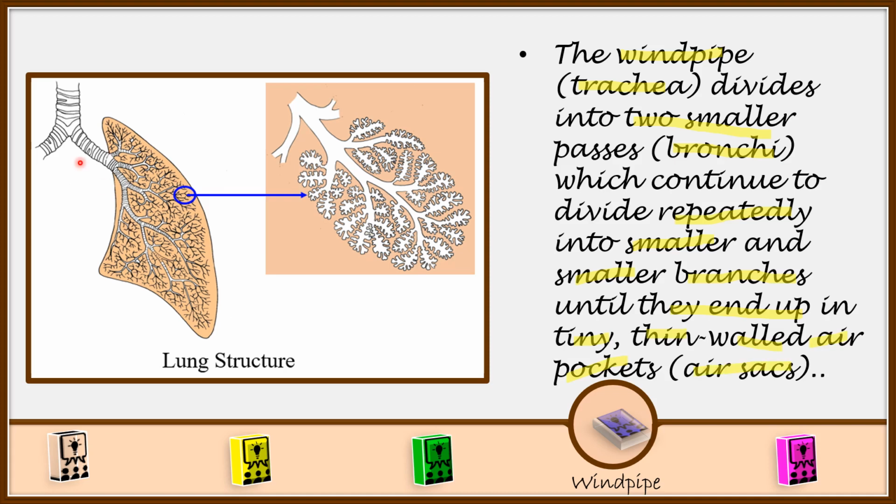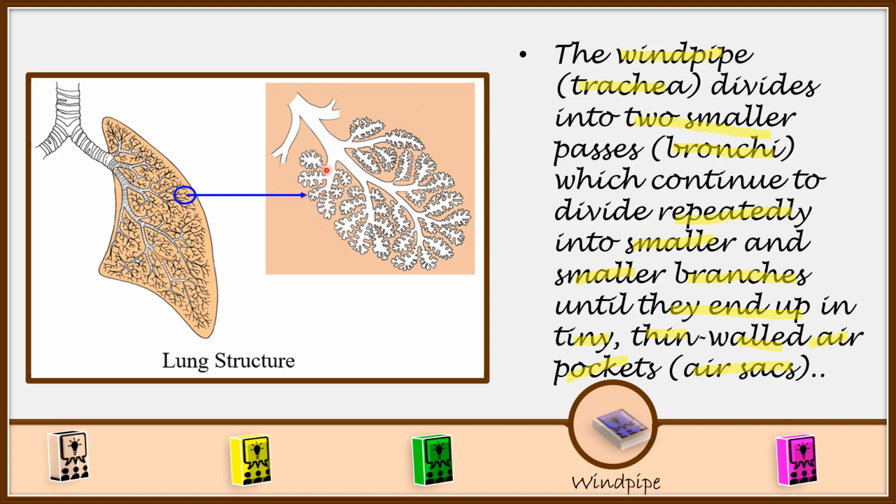When you look here, we have the trachea or the windpipe, and when it reaches here, it divides into two smaller ones, which we call the bronchi. The bronchi again divide into smaller ones, which we call bronchioles. Those small ones continue dividing until they reach the sacs which we call the air sacs, or air pockets.